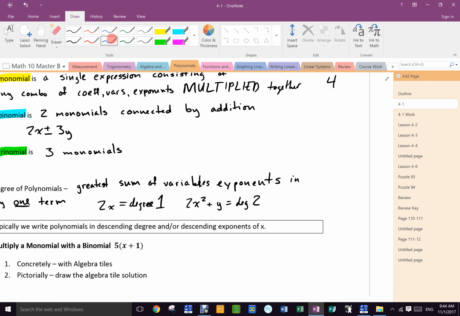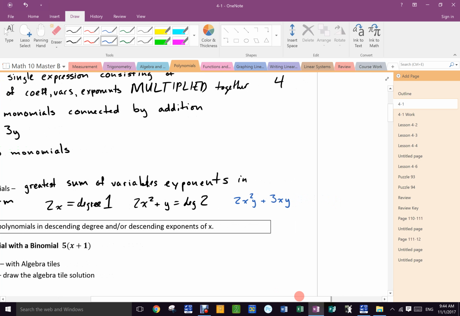So then the third one is this kind. 2x squared y plus 3x y. What is the degree in that guy? I look only at the variables. And what do I do with their exponents?